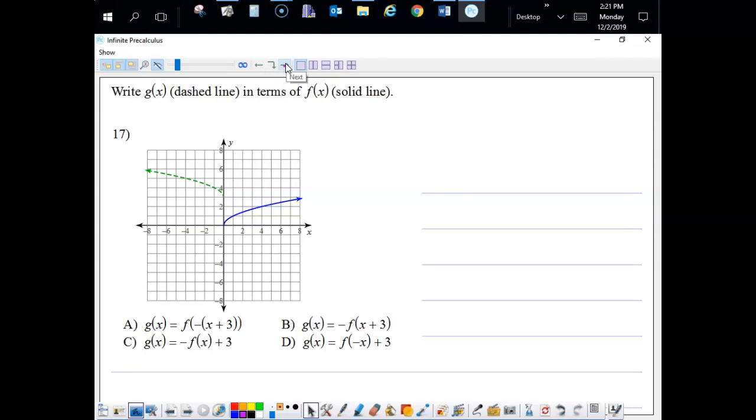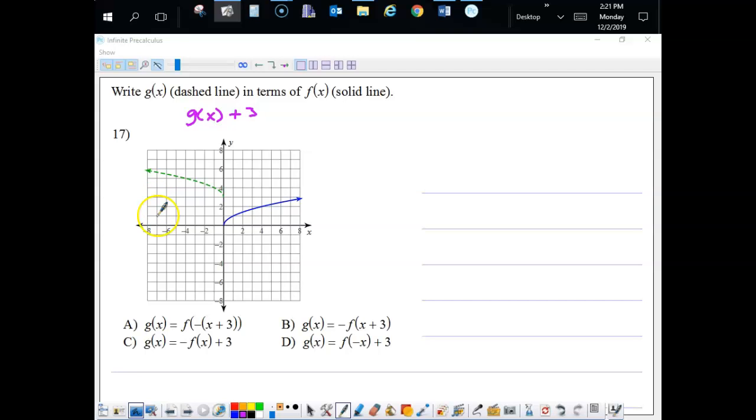Okay. So what do you guys think happened here? So here's my solid line g of x. What would I have to do to g of x to make it look like the dotted line? +3. +3 inside or outside? Outside. So it's been shifted up, so we know we need to add 3 to the outside. And it's also been reflected over the y.